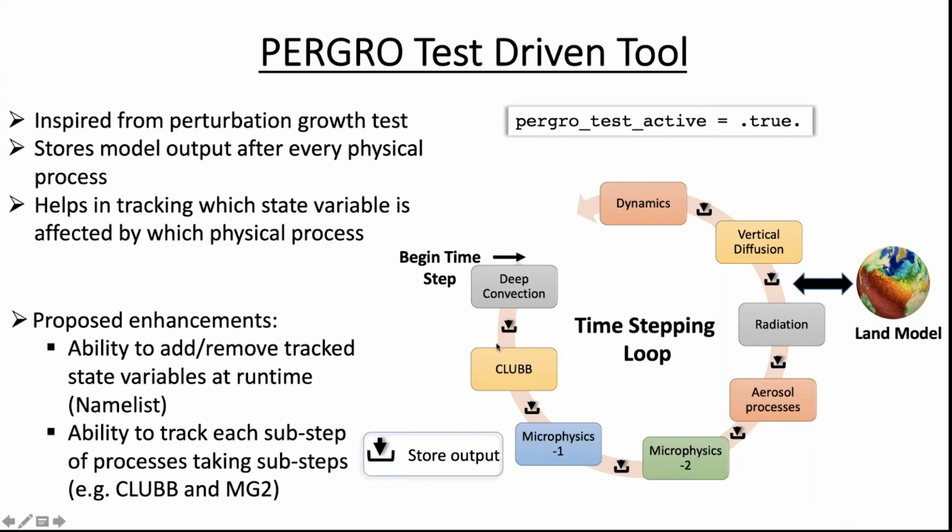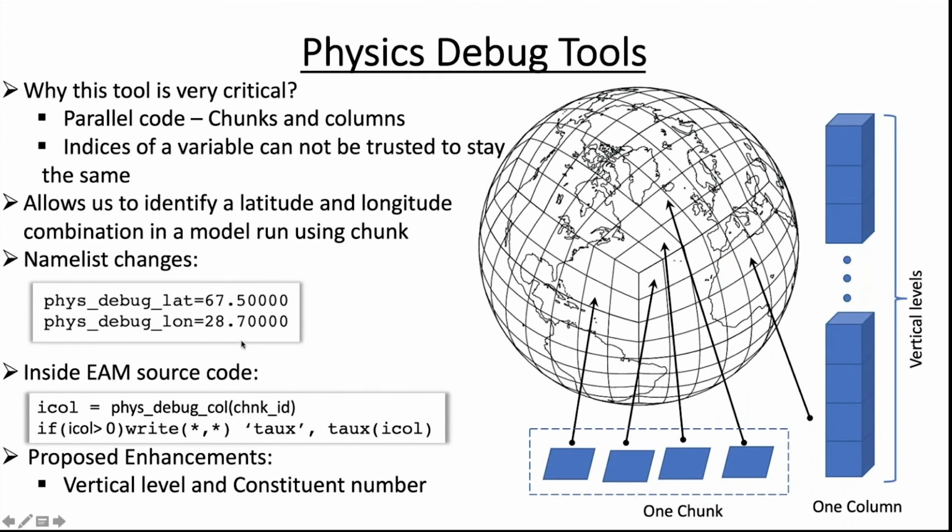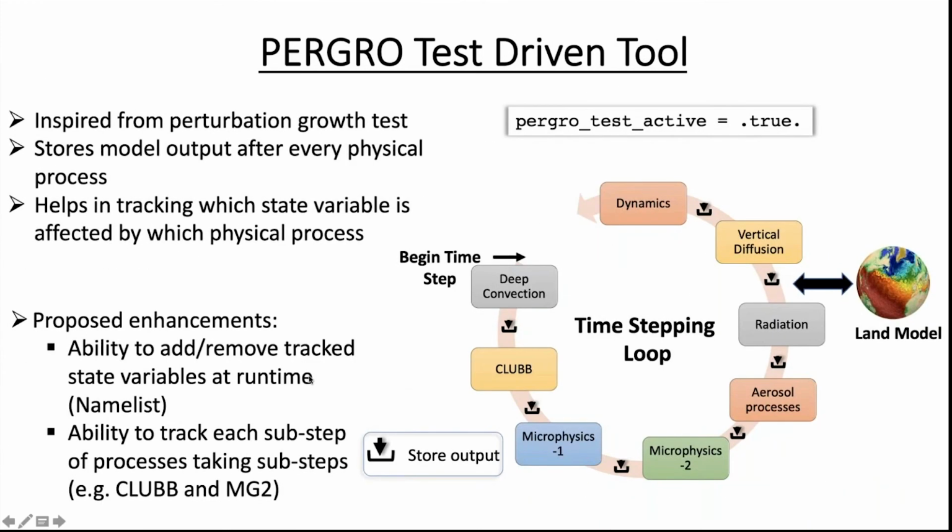When you compare the two files, one with the right answers and one with the wrong answers, using a script which is provided with this tool, that script will tell you at which process the simulation started to differ, which variable had the maximum difference and what that difference was, and also at what lat-lon the maximum difference is. Once you have the lat-lon, you can simply use the phys debug tools, provide that lat-lon, and start your debugging process. So this is how these two tools are connected, and they can be used to debug various problems.